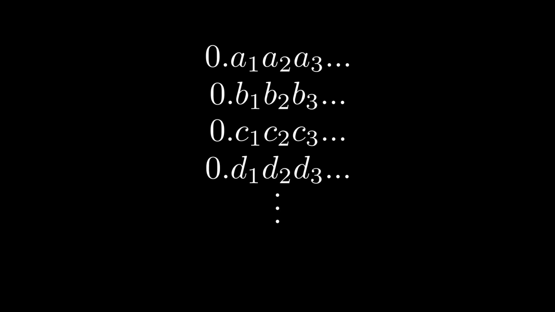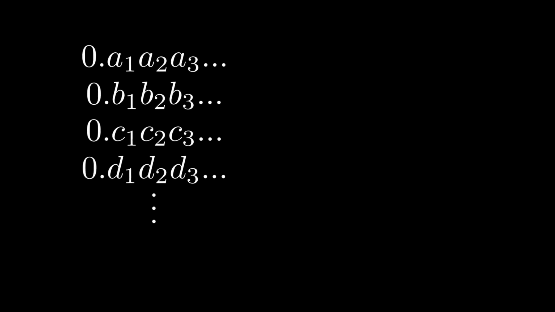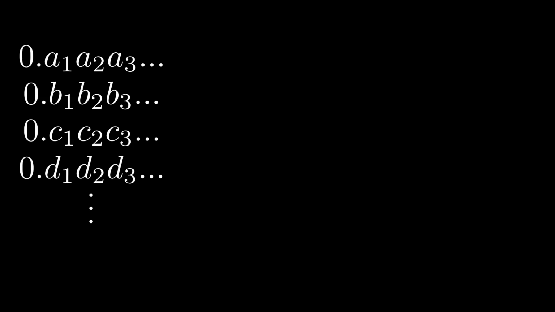Now, let's create a number that isn't in our sequence, but has a similar form. To pick the first digit of our new decimal, we'll look at the first digit in the first decimal in our sequence. If the digit is 2, our new decimal will have a 1. Otherwise, it will have a 2.